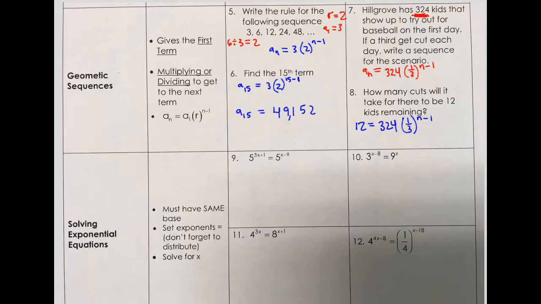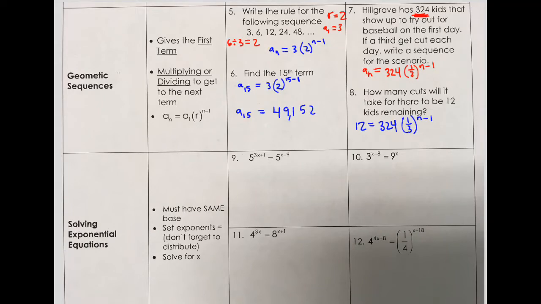You're going to type into your table under edit function this part, not the 12. So you're going to put 324 multiplied by 1/3, and then in the calculator it's x, so x minus 1. And then in your table, where y is equal to 12, you're just going to find the x value that coincides with that.